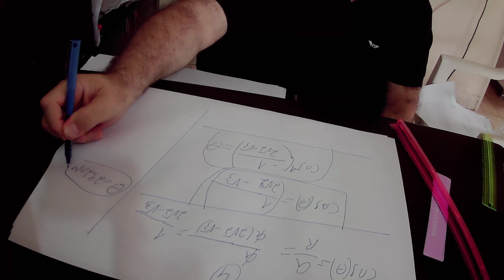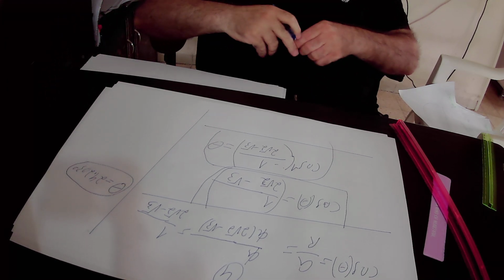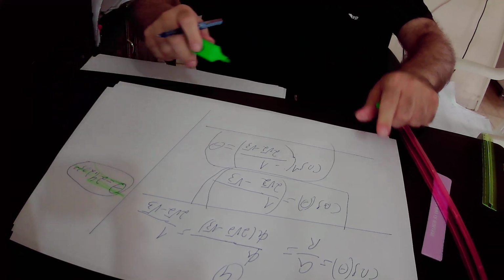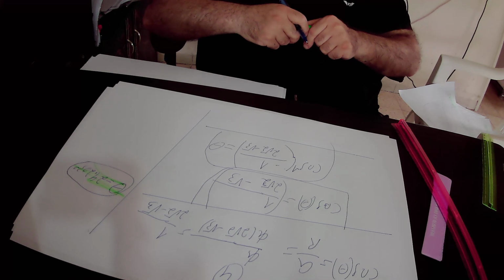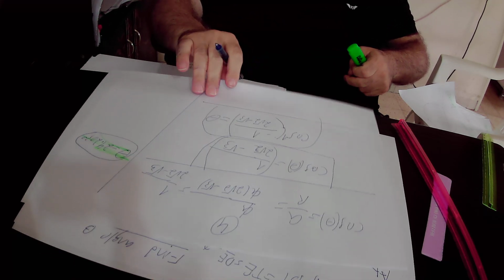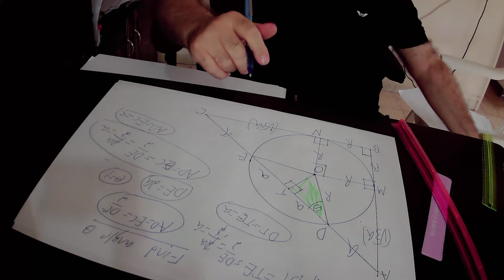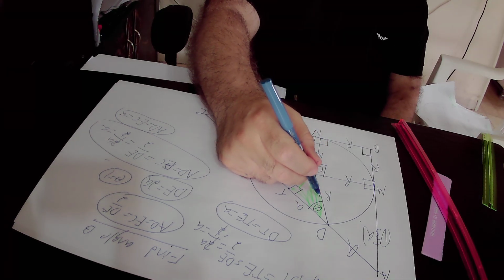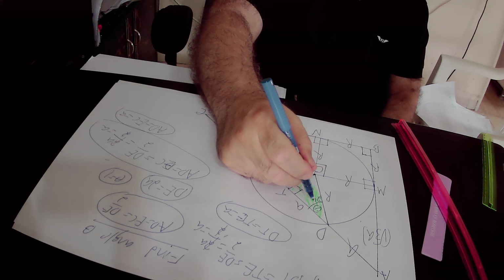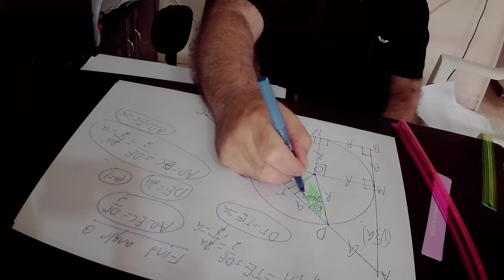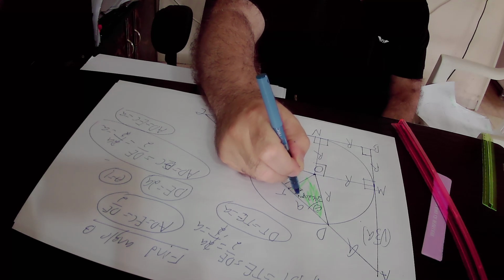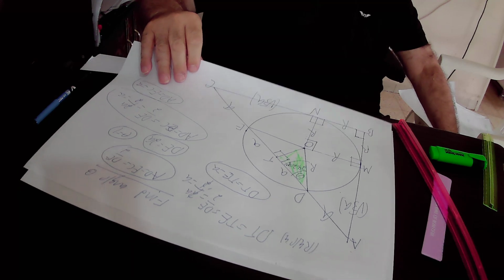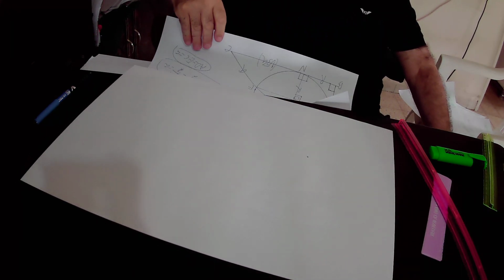Okay? So we found out that the size of angle theta equals 24.203 degrees. We finished with the second question. In the next step, I will summarize the lecture. We'll start with the first question, of course.